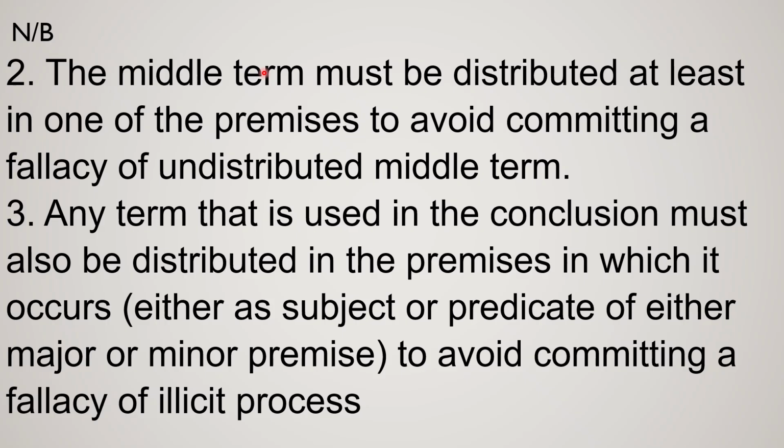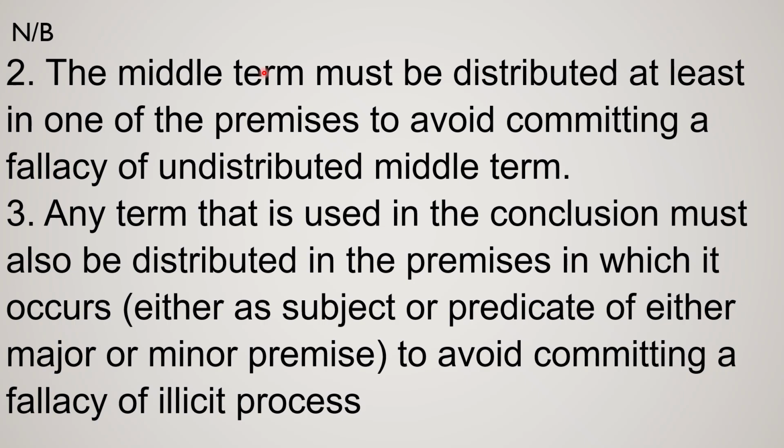Number 3, or rule number 3, remember we are looking at the 6 rules. Number 3 is any term that is used in the conclusion must also be distributed in the premises in which it occurs, either as a subject or predicate of either major or minor premise. Avoid committing a fallacy of illicit process.